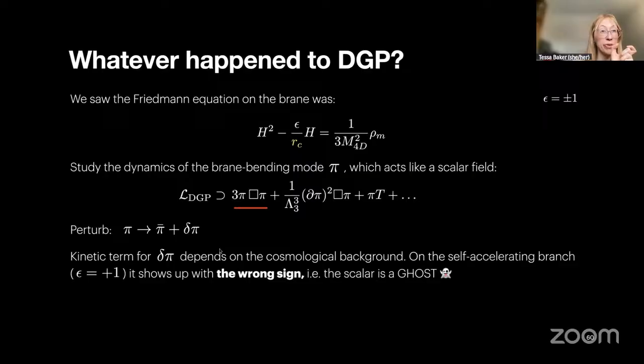And the actual value of the coefficient of that term depends on the cosmological background expansion rate. So if you evaluate it on the self-accelerating branch of DGP, it shows up with the wrong sign. Okay, here it is just isolating that term. So this is like a kinetic term, but it's positive here.